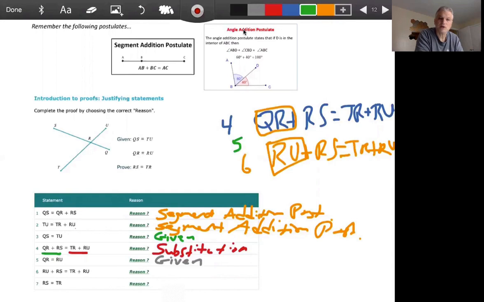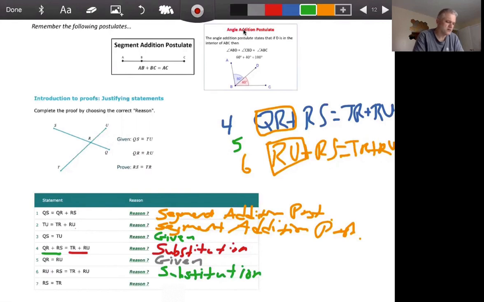It says that QR equals RU. So what did they do? They just substituted RU for QR. So they said, okay, QR plus RS, but hey, look, RU is equal to QR. So we're just going to substitute it, right? So that's another substitution. Clever little proof here. Okay. And again, you're just coming up with the reasons. You're not coming up with statements here now.